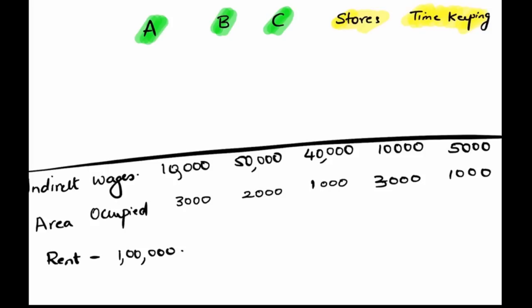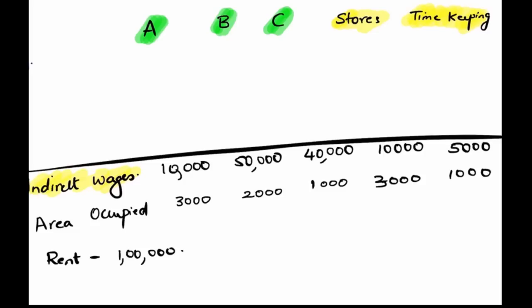Now expenses which I know are going to be incurred by a particular department, which I know I can split across straight away without even further calculation, I told you will be known as my allocation. So first step, I'll allocate expenses. See, I know my indirect wages which are incurred by each department specifically.